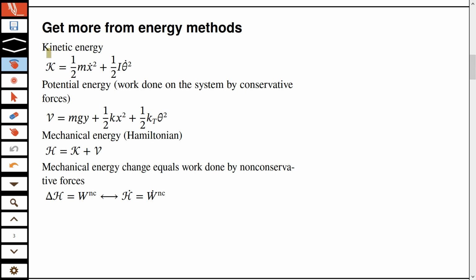So typically kinetic energy will have an expression like that. It can be more complicated if you have more units, like more masses and more inertias. And potential energy by definition is the work done on the system, on the system is very important, by what we call conservative forces.